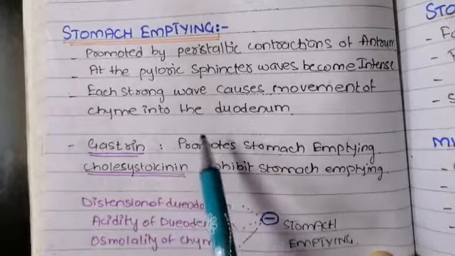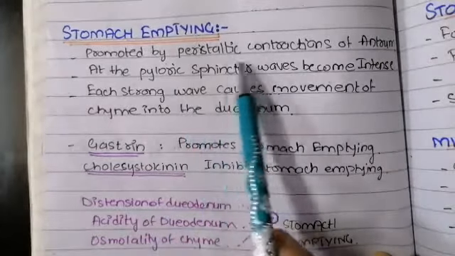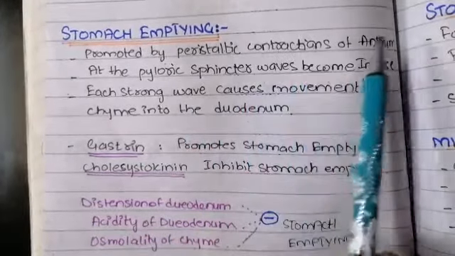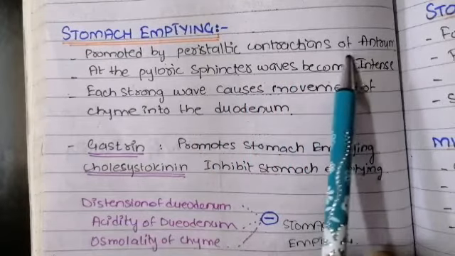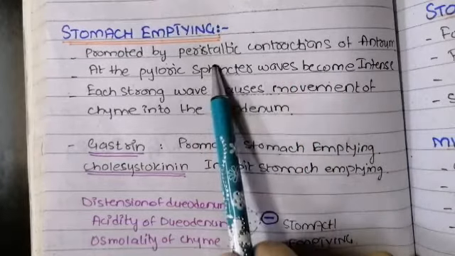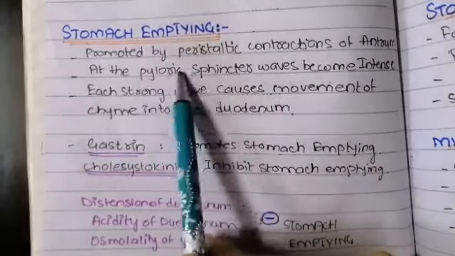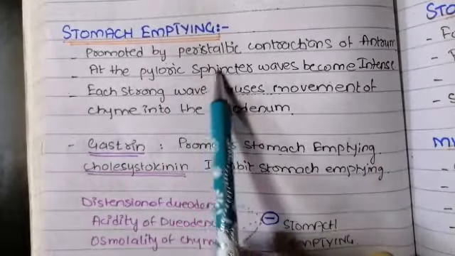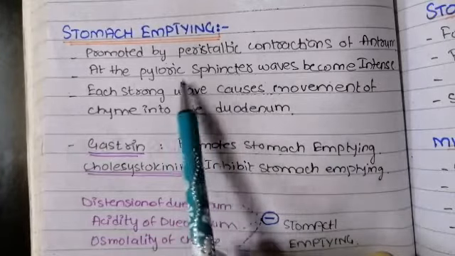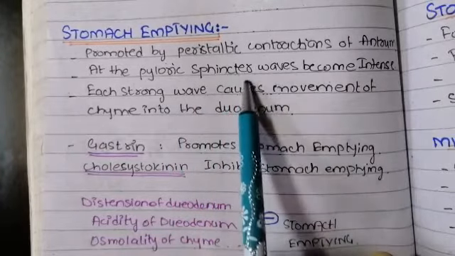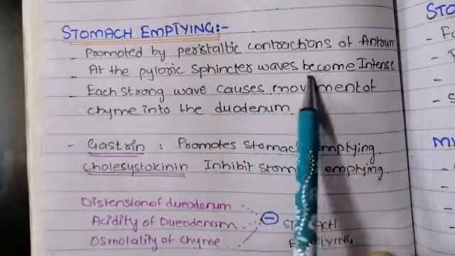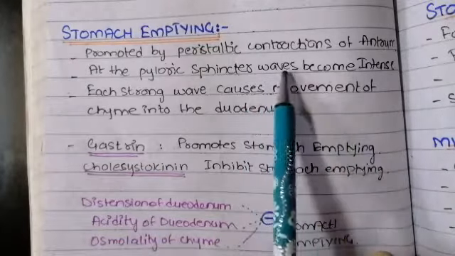Now what happens? The stomach emptying is promoted by the peristaltic contractions of the antrum. The antrum part of the stomach is going to contract, and these peristaltic contractions are responsible for the stomach emptying. At the pyloric part of the stomach, there is a pyloric sphincter. The waves become more intense, and there are strong waves.